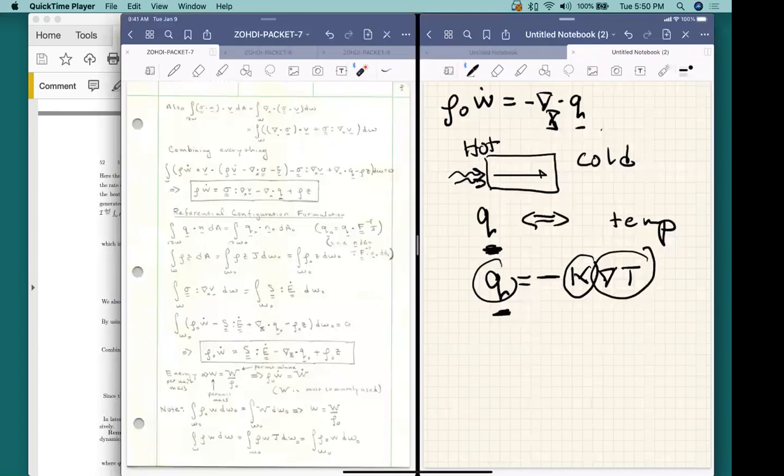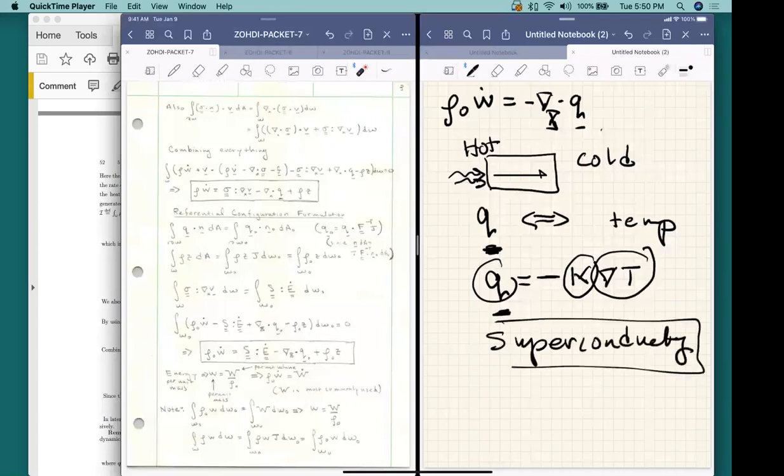Fruitlessly now, for 150 years, since science has really taken off in this area, people have been unable to find such a material or such a state. The closest thing they have are the so-called superconducting materials, as we'll talk about a little bit later when we get to electricity and magnetism, which simply means that there's almost no loss in the material as the electricity flows through the system.